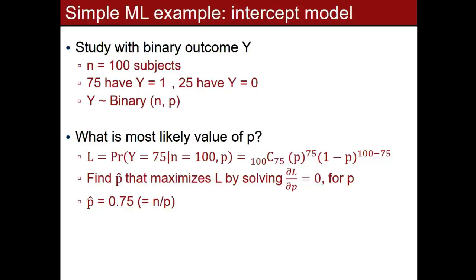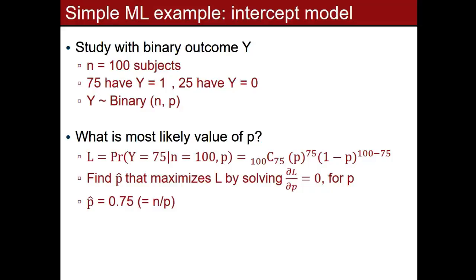What's your best guess? You would intuitively say 75%. You're mathematically minded, so you'd say the most likely value is that the probability of getting the condition is 75%, because 75 people had it.